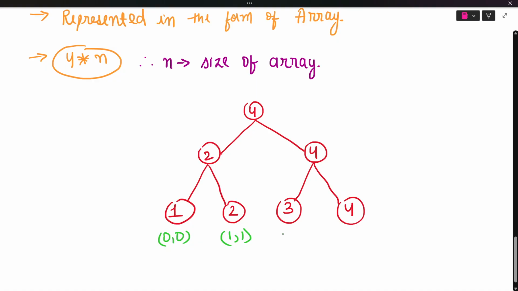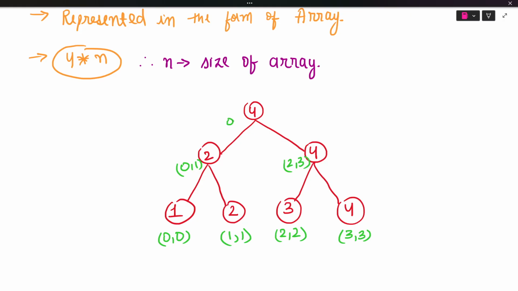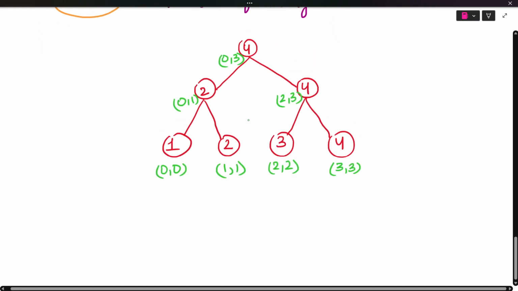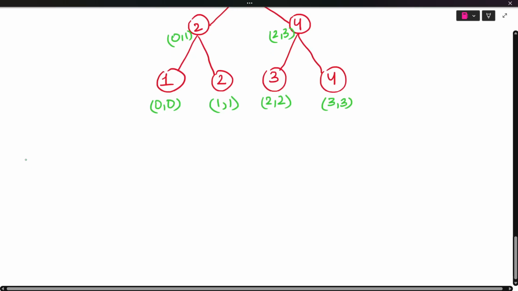If you want a bigger diagram, you can do it. We're gonna solve it recursively. This will be 0 comma 1, and this will be 2 comma 3, and it will be 0 comma 3.